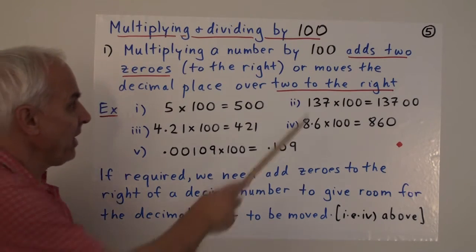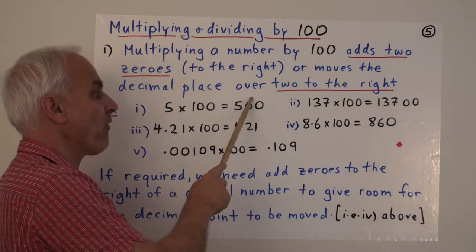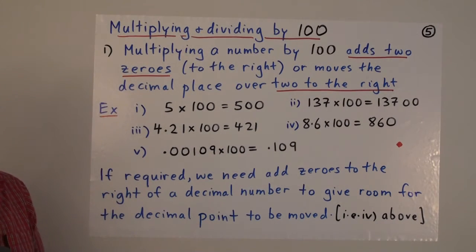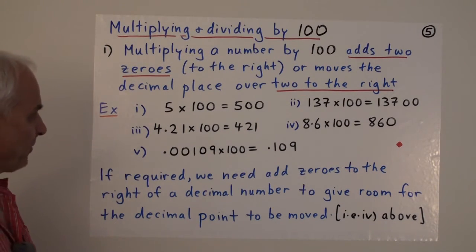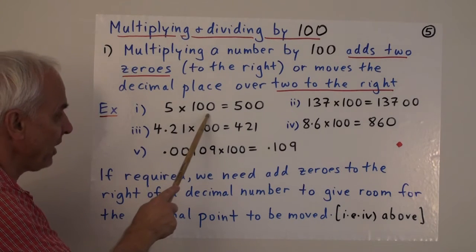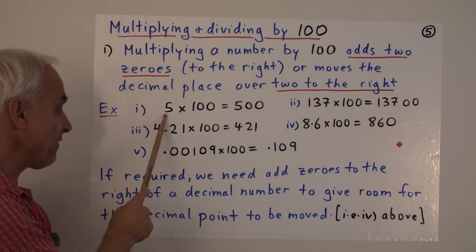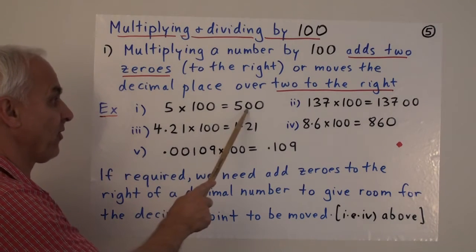Or, for a decimal, it moves the decimal place over 2 to the right. For example, 5 times 100 is 500. What we're doing is taking the 5 and adding 2 zeros to the right.